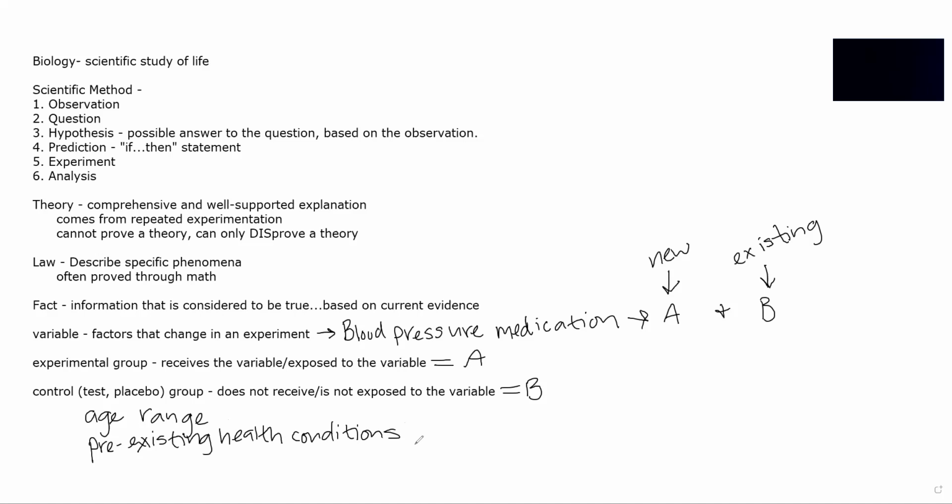In other words, you shouldn't be mixing up somebody that has hypertension because of a blocked artery with people that have hypertension because of kidney issues. Two different underlying problems, and that would more than likely very much affect the outcome between A and B. Age range, pre-existing health conditions.